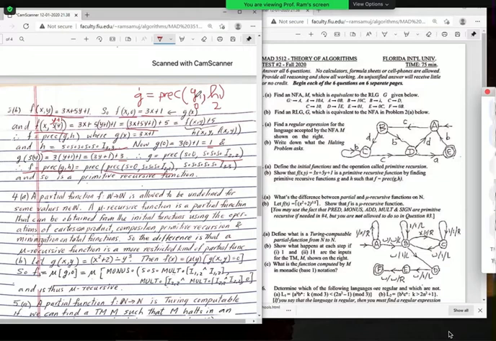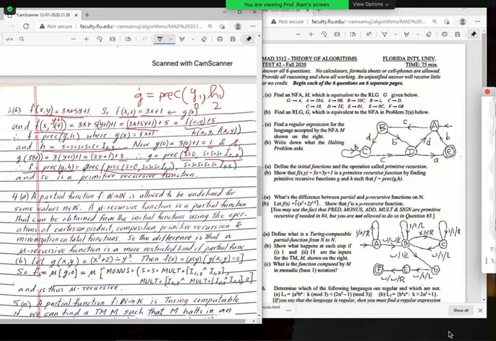So G of 0 is equal to this, and the G1 is just this one here. That's my G1, if you like. And this is my H1 here, because G is a primitive recursive function obtained from G1 and H1, and this has to be 2 variables. So what about the H?